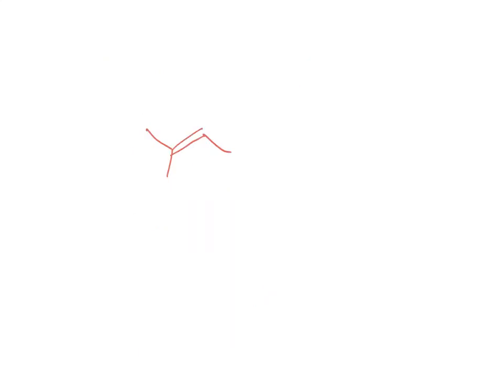Let's work on naming. So let's see if we can name this alkene we just used in the last problem. So we need to find the longest parent chain with the alkene in it. So the longest parent chain with the alkene in it would be a butene, right? It'd be 1, 2, 3, 4. The question is, we have one substituent, we have a methyl.